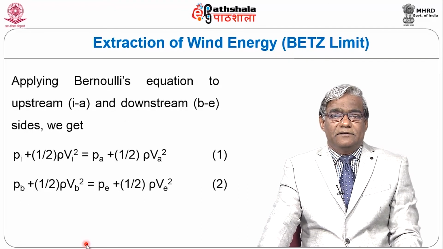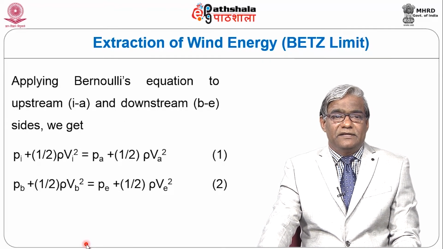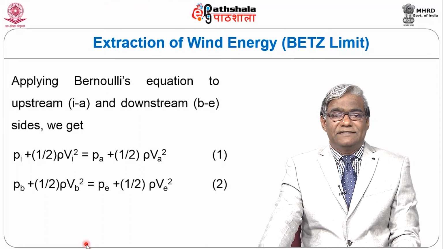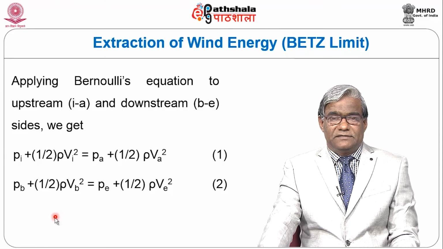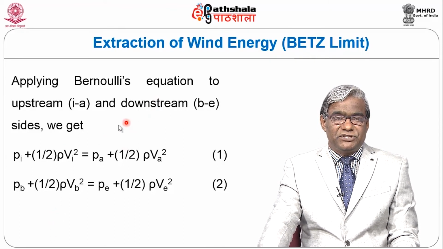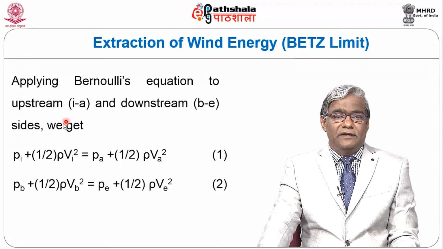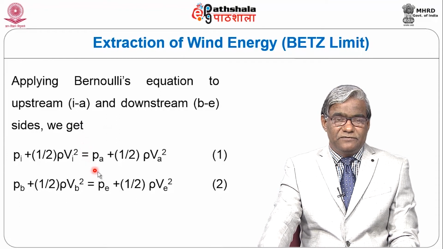To arrive at the Betz limit, we apply Bernoulli's equation. Applying Bernoulli's equation to the upstream, that is I to A, and the downstream, B to E. This is the upstream and this is the downstream segment, and on both sides we apply Bernoulli's equation.